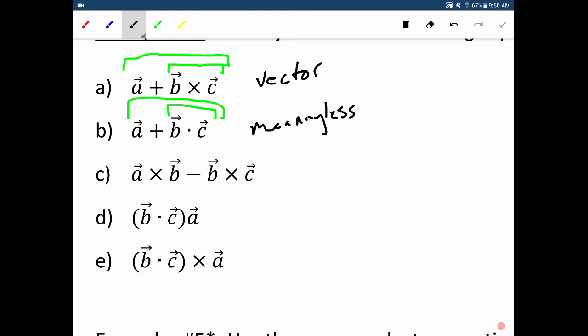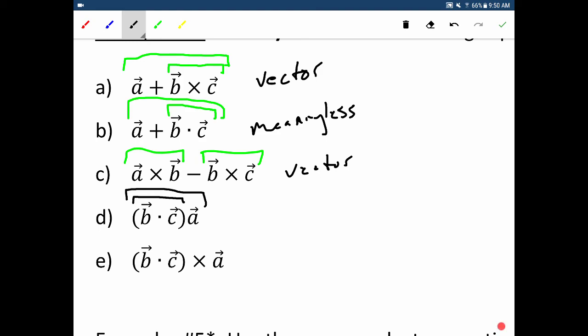Okay? This one here, we've got a vector here and a vector here, and we're subtracting them. So that's going to give us a vector. Okay? And then we have a dot product first, which will give us a scalar, and then we multiply by a vector. You'll notice it doesn't have a dot or a cross, and that's okay because you should only have it when you have a vector and a vector.